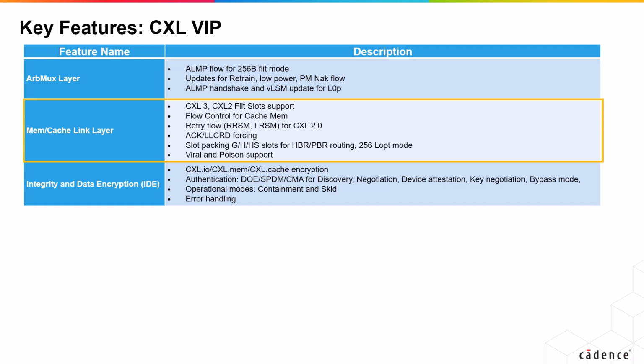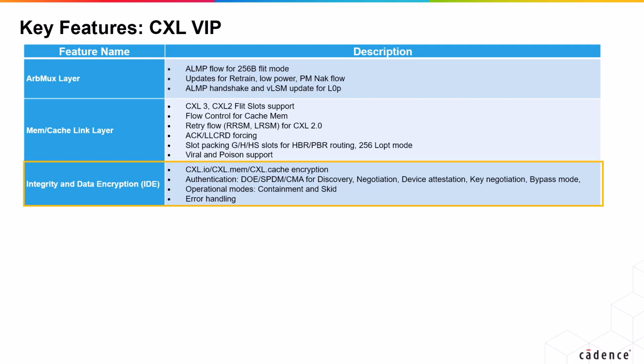On MEM, cache link layer following features are supported. These are CXL3, CXL2 Flit slots support, flow control for cache MEM, retry flow for CXL 2.0, ACK, LLCRD forcing, slot packing G, H, HS slots for HBR PBR routing, 256 L0p mode, and viral and poison support.